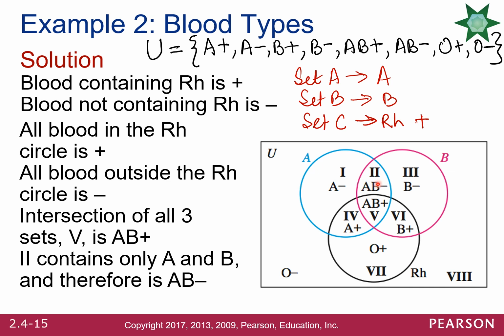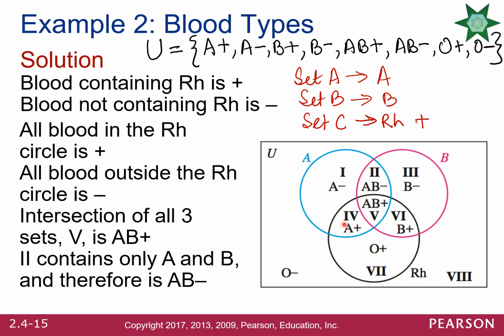So it'll be AB minus. And then region 3 has B minus, because it's the unique B, it does not intersect with A or with Rh positive.